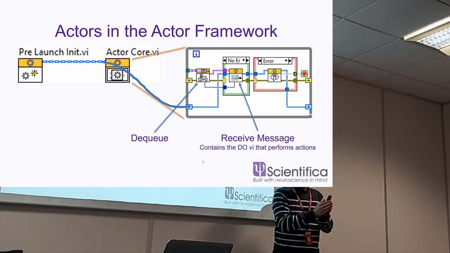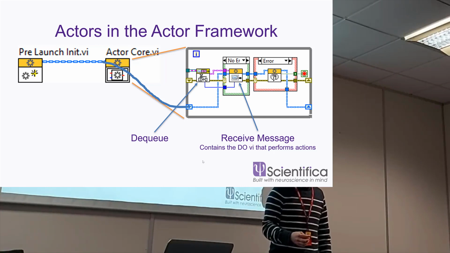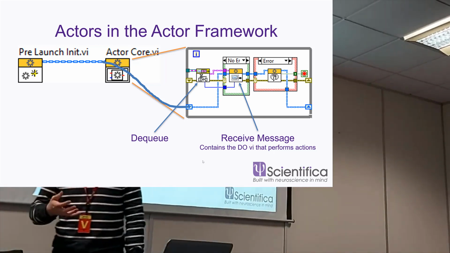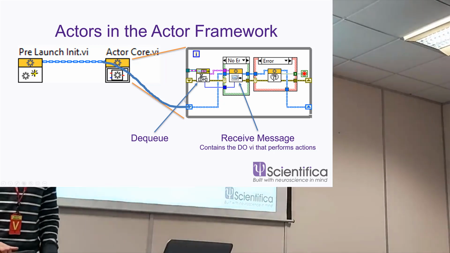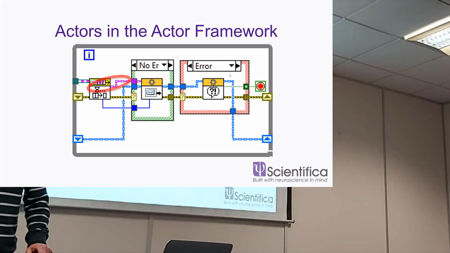And then the next VI along is called receive message. And inside receive message, we can execute any number of bits of functionality. So we DQ, and notice how we get some data out, which happens to be an object, and that gets put into receive message, where we're going to act on that object.